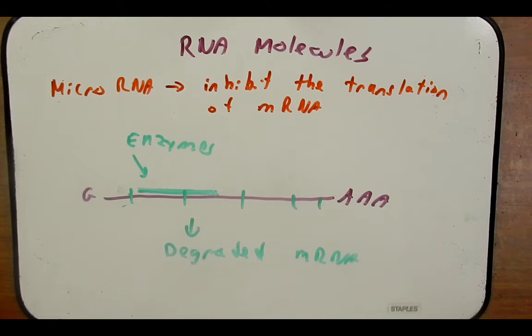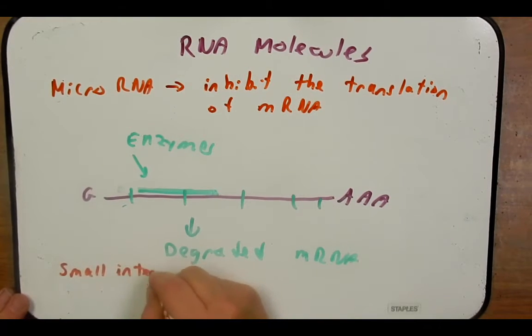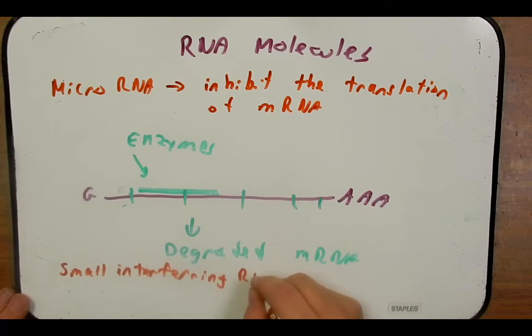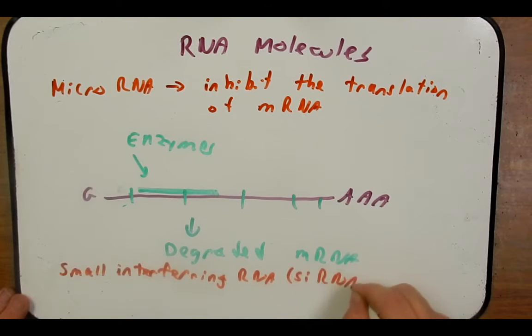I also asked you to know what a small interfering RNA is. So let's talk about that real quick, which is often called siRNA. And it does the same thing that a microRNA does in general. They have a different kind of specificity, but they still degrade messenger RNAs.